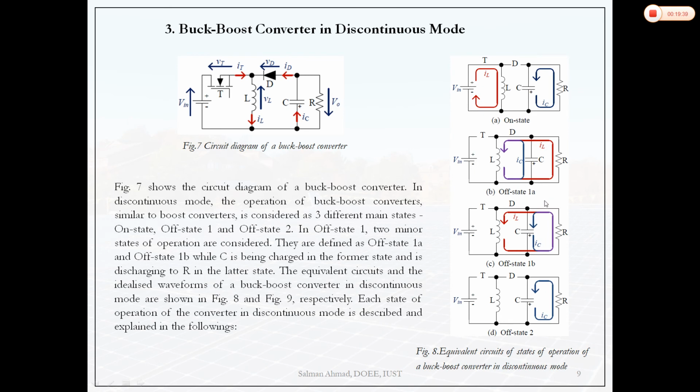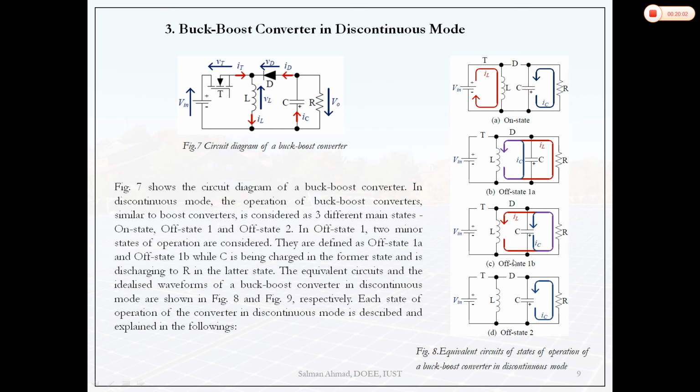During off state 1 you can see the transistor is turned off, and this inductor current will flow through this load, and also it will charge this capacitor. Okay, in off state 1b you can see that the inductor current actually becomes less than the I naught value.